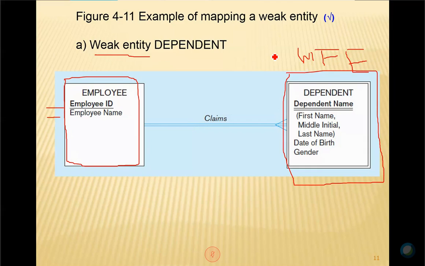So these are my dependents. The reason it's called a weak entity is that if JJ quits or finishes my contract here at Georgia State, and I disappear from the database, then my wife and my children will also automatically disappear from the database, because their existence depends on my existence.